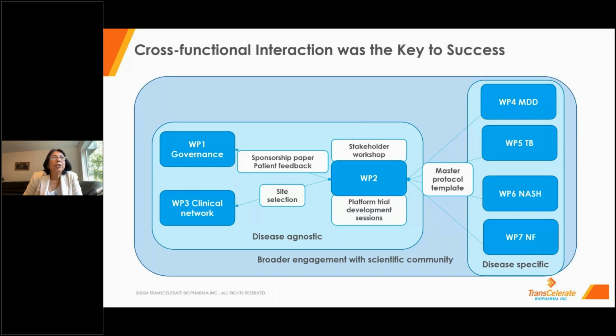The work package 3 developed a clinical network and a patient level data network. And what they did was they built an information and communication technology platform for protocol feasibility and patient recruitment. And this involved the reuse of hospital electronic health record data.